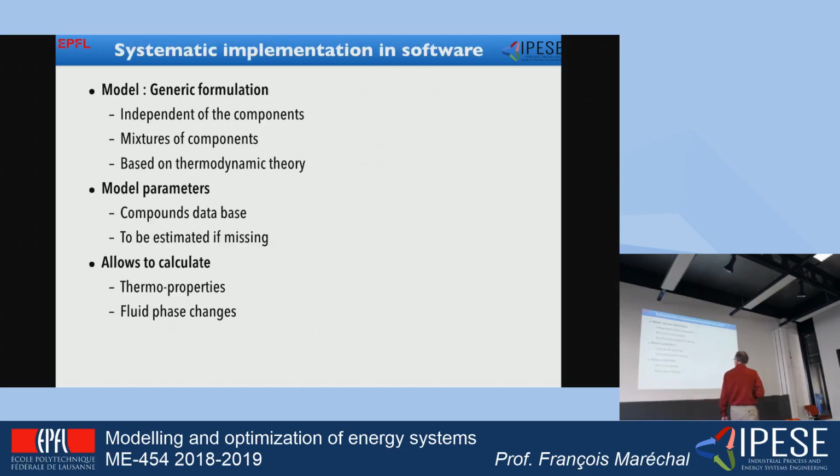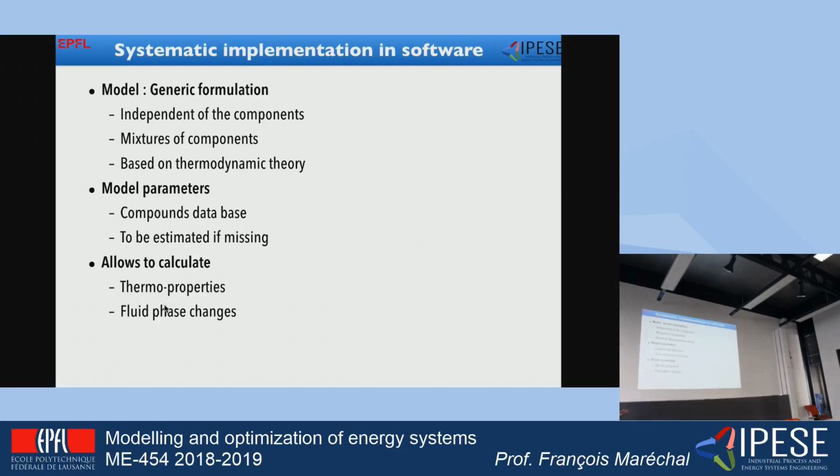So that's what we will do. And if I do not find values in a database, then I need something that allows me to estimate the value if the information is not there. If I'm satisfying those two characteristics, a generic model and a database of parameters, then I will be able to calculate the thermodynamic properties of any of the states that my process units are going to deliver.